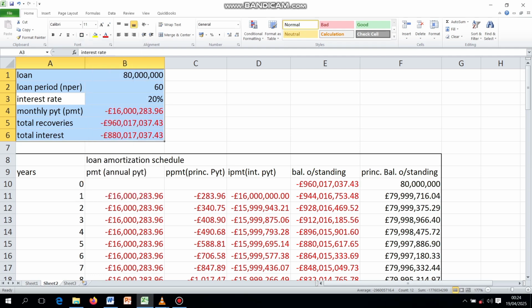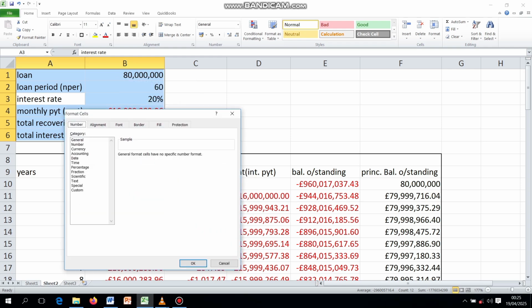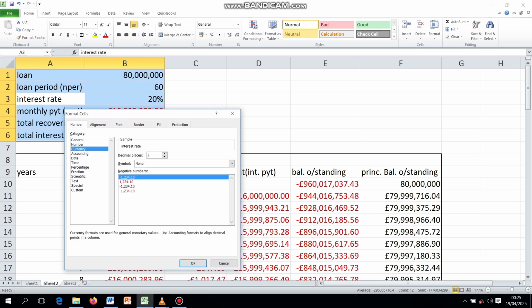Then they said include borders in your loan amortization schedules above and format your figures to appropriate currencies. So here I'm going to put them into the appropriate currencies. I'll come here to format cells, then to currency. The currency is Uganda shillings.